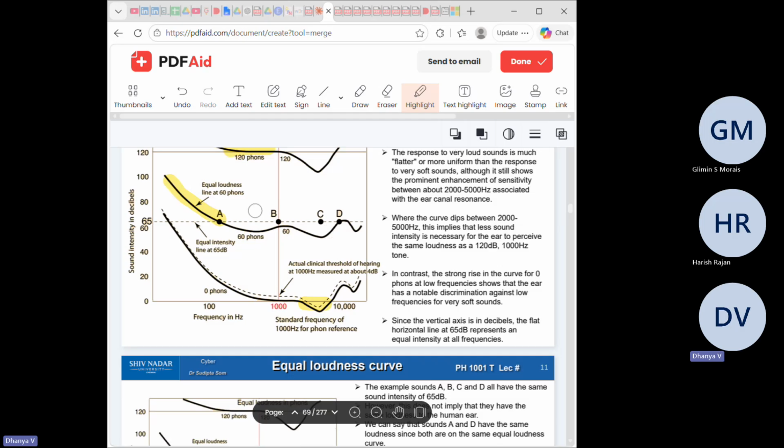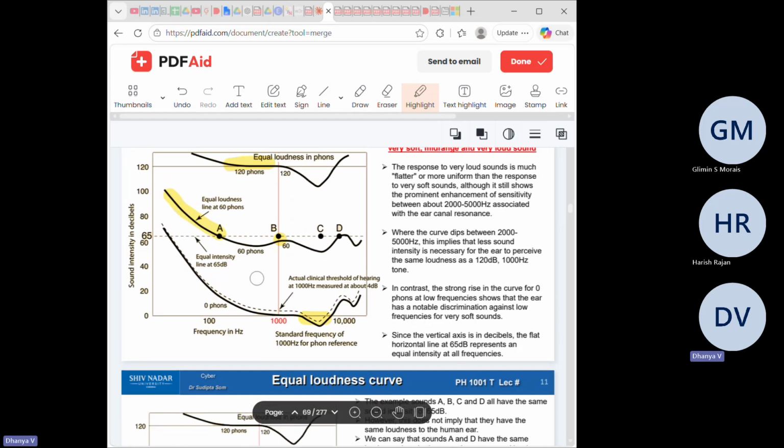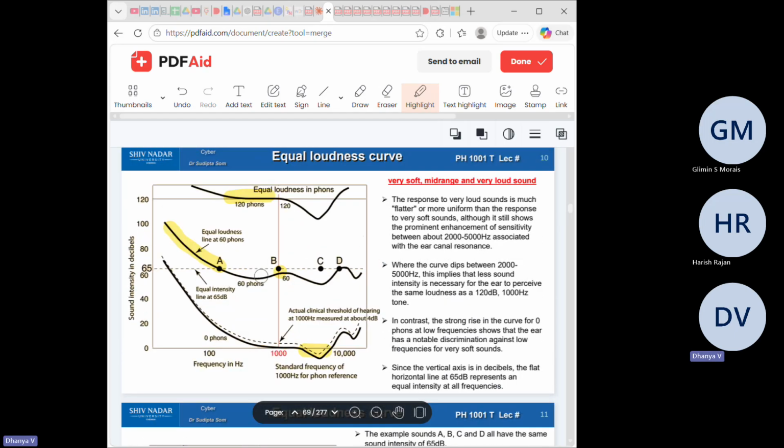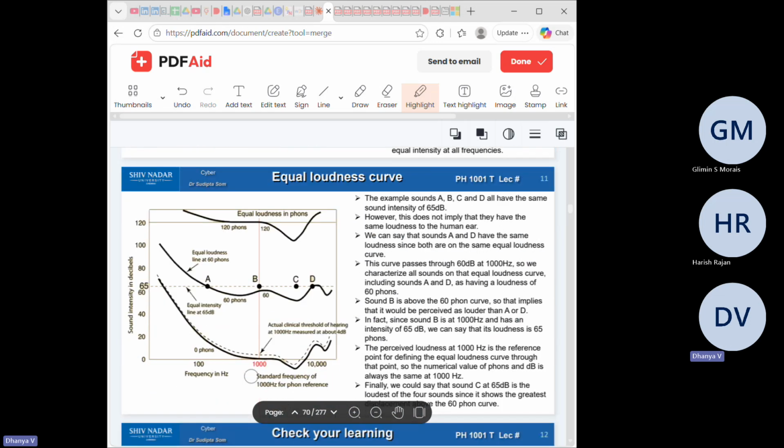Coincidentally, at 1000 hertz, they're meeting at 65 intensity. So this is just a diagrammatic representation of how you interpret between your sound intensity and your frequency. That's all.